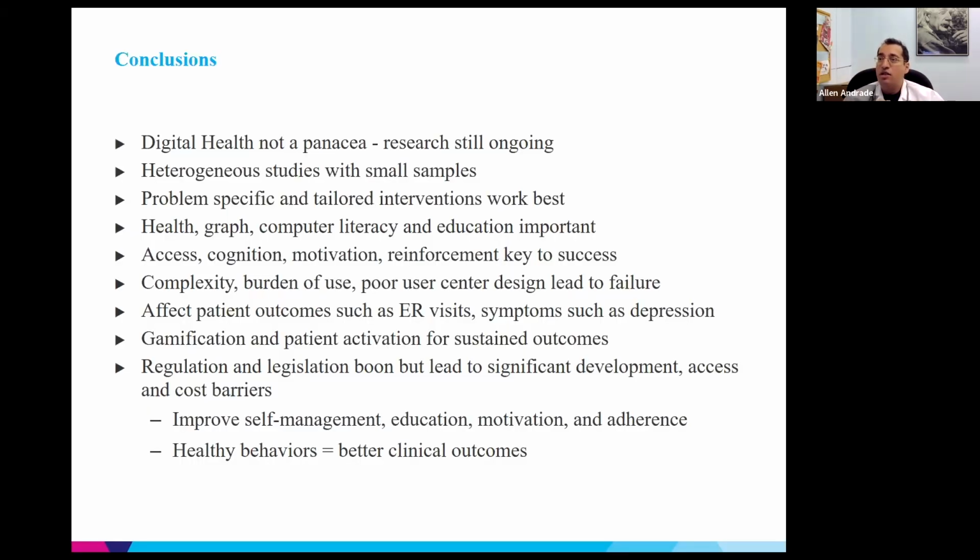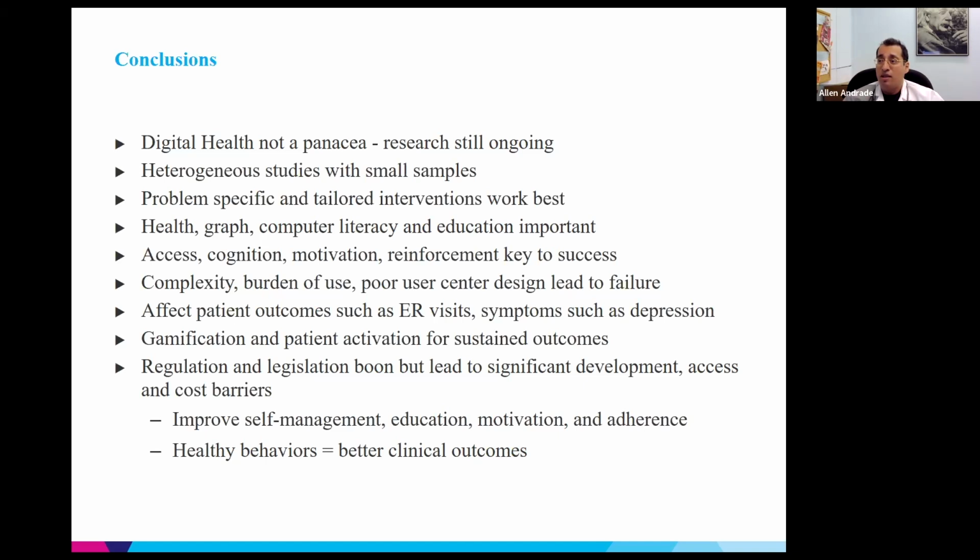So, in conclusion, digital health is not a panacea. Research is still ongoing. There is a lot of data on variety of health interventions. The studies are very heterogeneous across multiple different countries, states, jurisdictions. Sample sizes can be very small, or they can be very large.